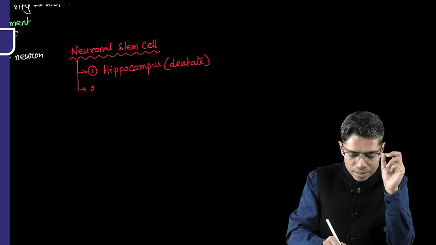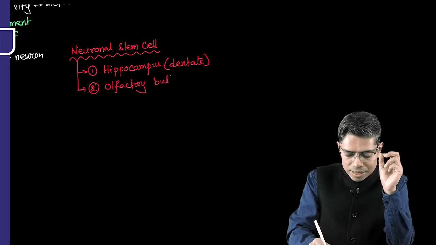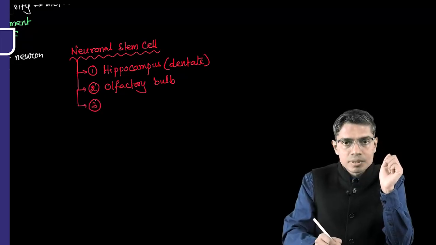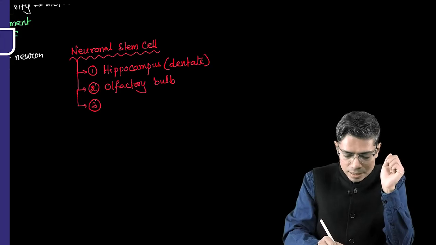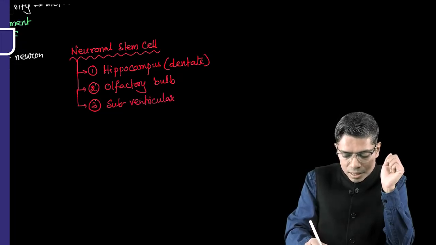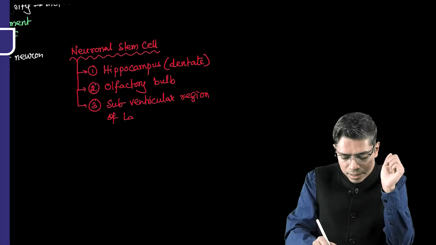The second area where neuronal stem cells are located is the olfactory bulb region. And number 3, the CNS neuronal stem cells are in the subventricular region of the lateral ventricles.